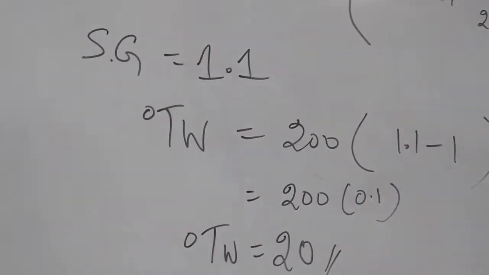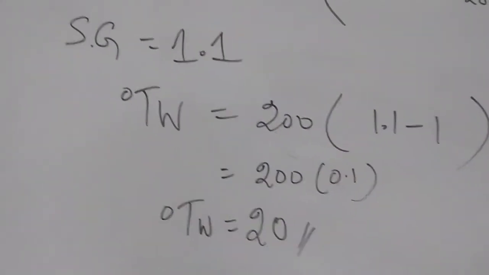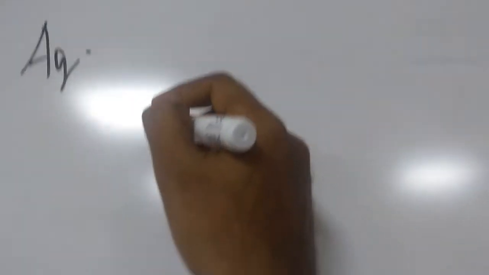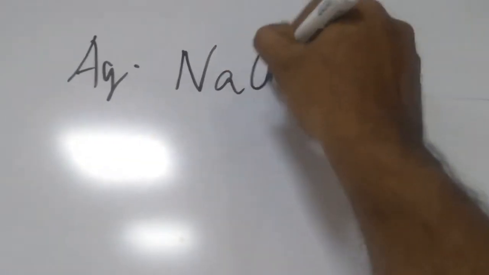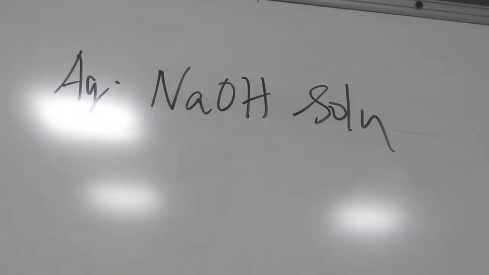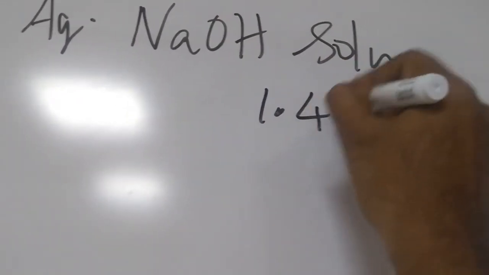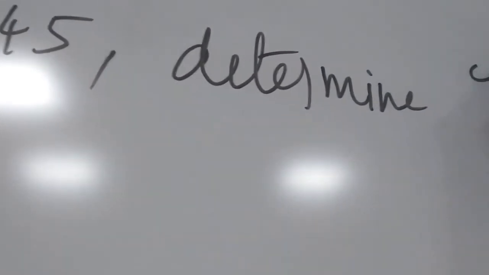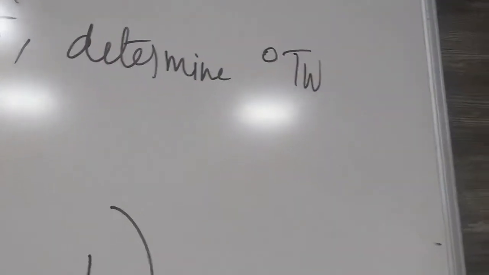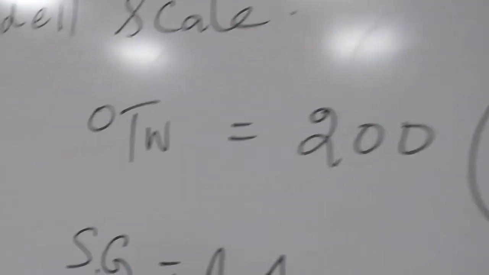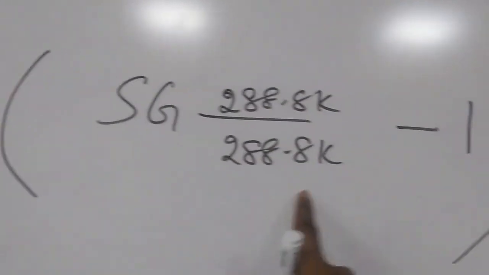Say for example, if an aqueous NaOH solution has a specific gravity of 1.445, determine the degree Twaddell scale. We have the formula degree Twaddell equal to 200 into specific gravity minus 1.